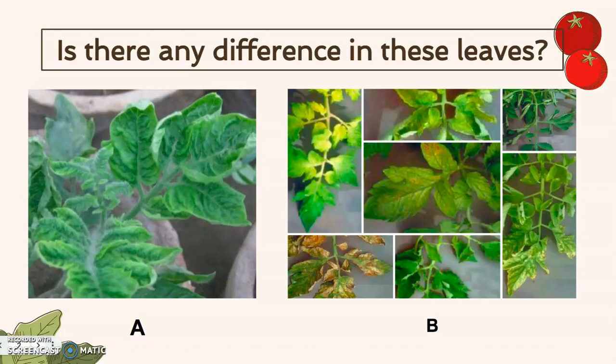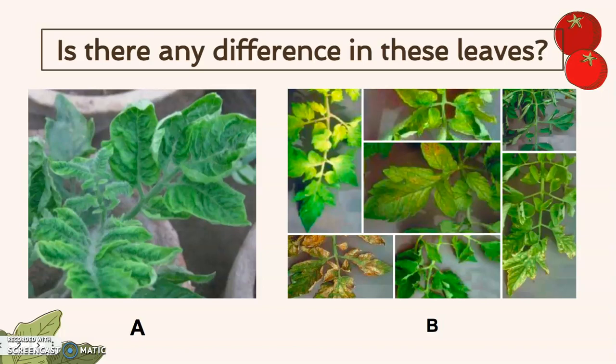Yes, it's very evident that A is of healthy, normal tomato leaves, whereas in the pictures that you see in B, some kind of deficiency can be very evidently seen, like it has undergone chlorosis or browning or curling, some kind of deficiencies.